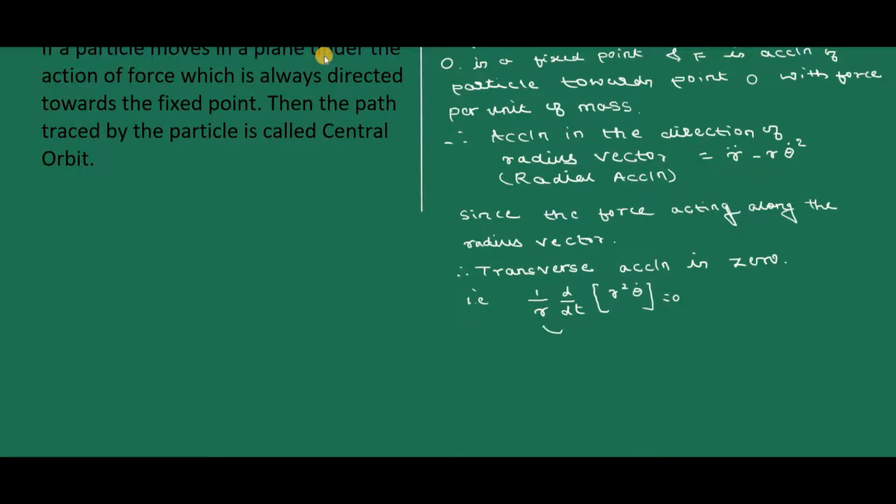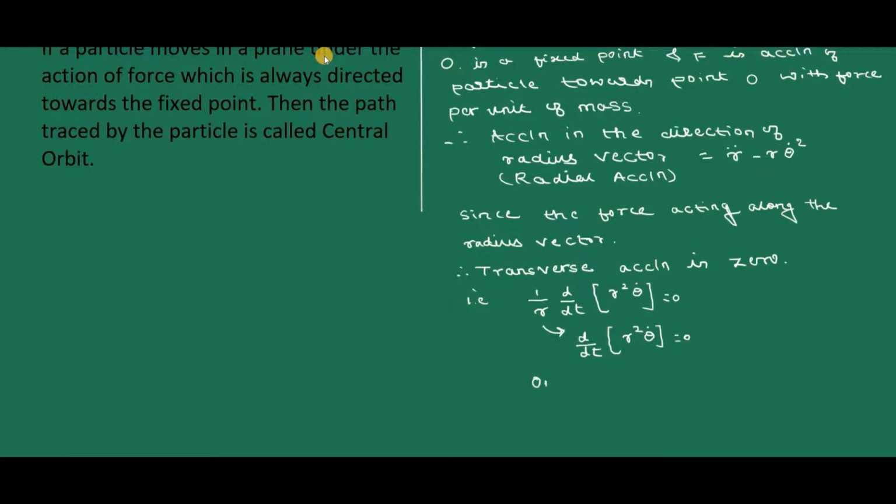If you transpose 1 by r to the right hand side, you will simply get d by dt of r square theta dot is equal to 0.